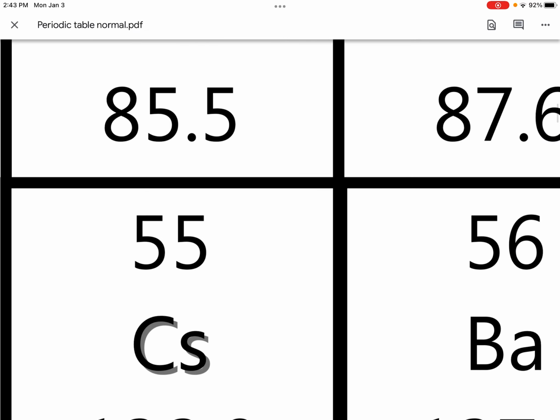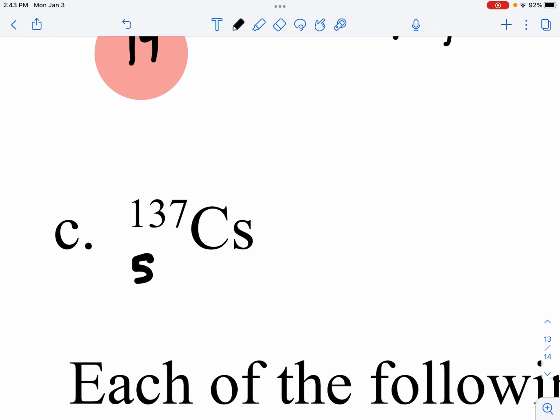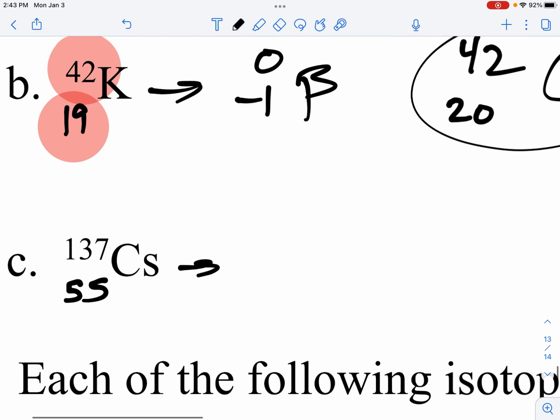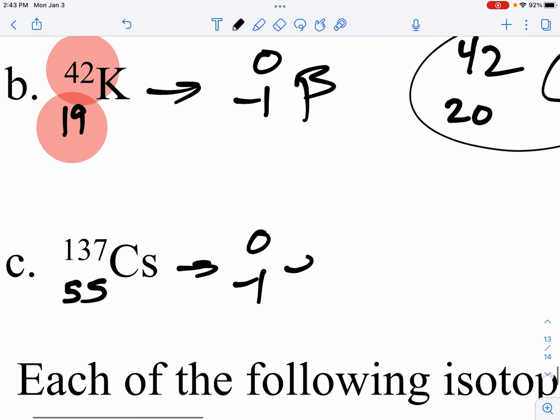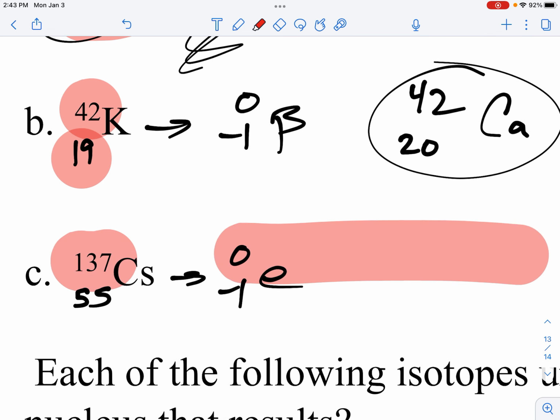There it is, number 55. So here's cesium at number 55, and it's going to undergo a beta decay at 0, -1 with an e. My top numbers have to be the same, so what number has to go over here? Well, that's obvious. That's 137, because 137 and 0 can go together to make my 137 that's over here.